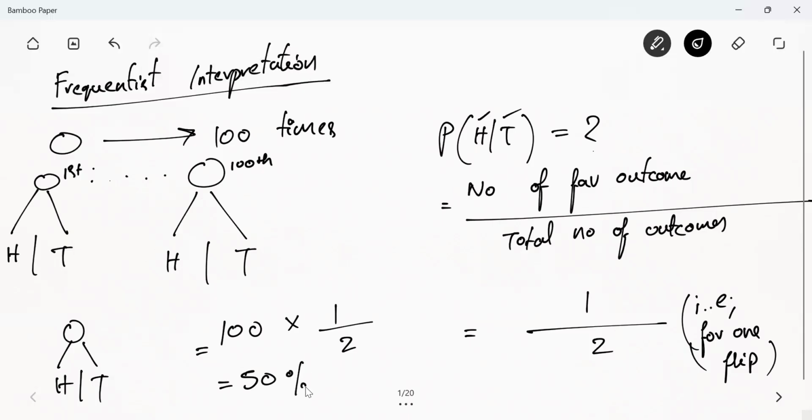So there is a 50% probability that you will get, imagine, heads, okay? So this is nothing but P of H. Now if you want to calculate it for tails, I mean you have to calculate P of T, then you would do the same, 1 by 2 multiplied by 100.